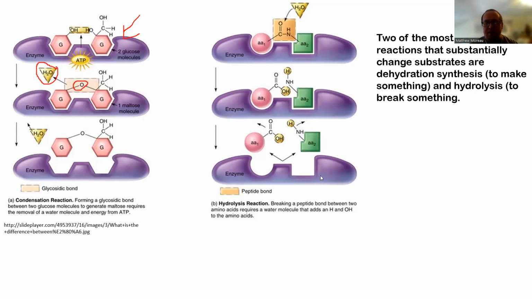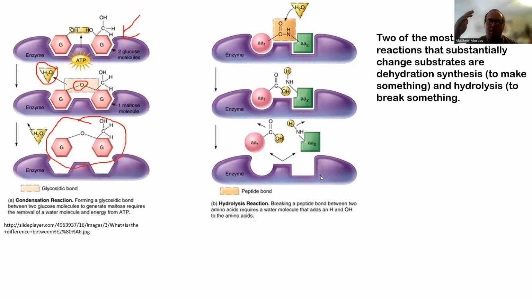And this bond allows the creation of a new, larger molecule. So these are typically called condensation synthesis or dehydration synthesis reactions because we're typically synthesizing a larger molecule from two or more smaller molecules.